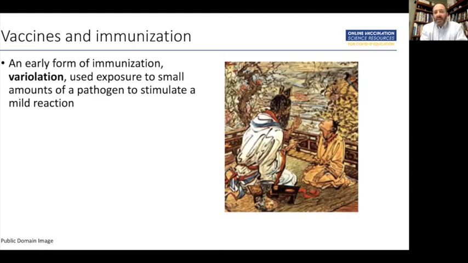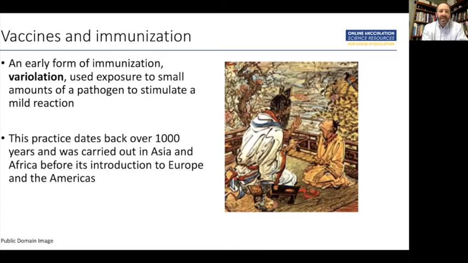In the case of smallpox, as shown in the image here, the practice was to take dried forms of a virus that came from someone who was infected, and to blow that into someone's nose. They would get sick. In many cases, they would recover. And so if they had a more extensive exposure to a higher amount of the pathogen later on, they had already built the immunity. So again, this was in practice in several different parts of the world for hundreds of years. And it predates what we now call vaccination.